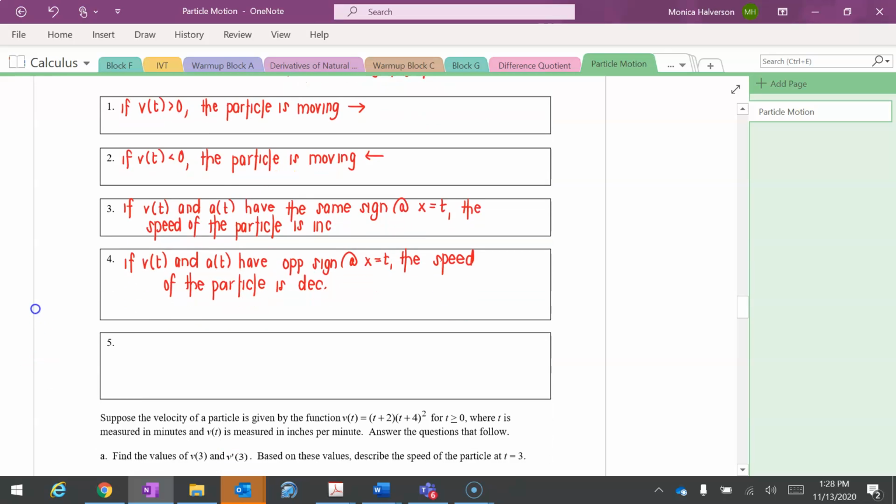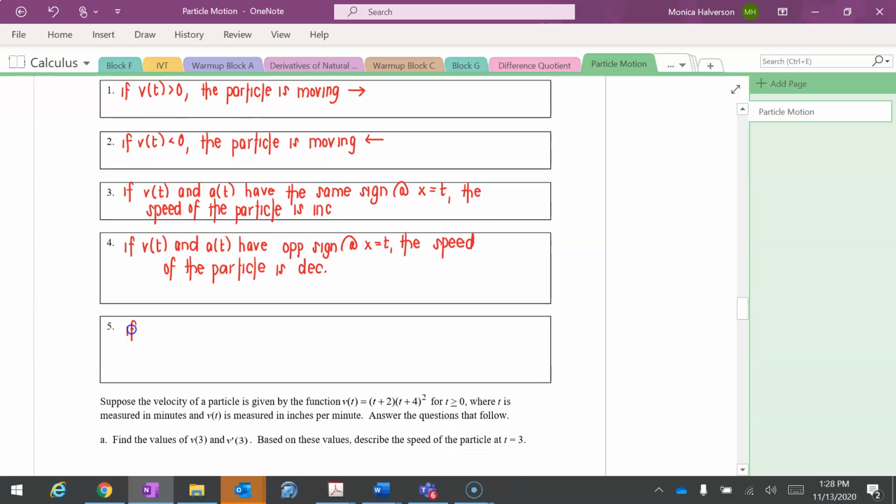Now, finally, if the velocity is equal to 0, but the acceleration is not equal to 0, the particle is momentarily stopped and is changing directions.